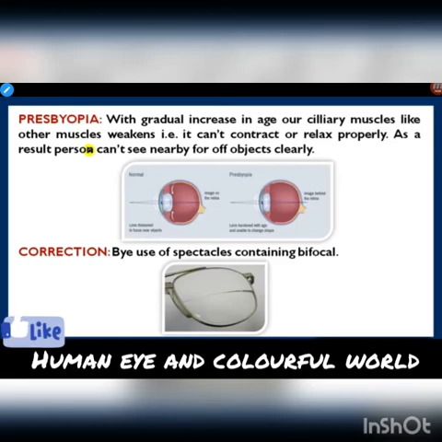As a result, a person can't see nearby or far off objects clearly. How can you correct it? By using spectacles containing a bifocal lens.